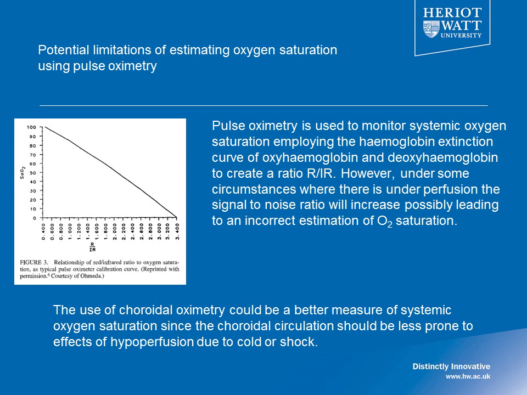So the next step here is maybe to have an experimental model in which it's possible to manipulate central venous pressure, and then look at the reflex from altering central venous pressure to see whether or not that affects choroidal oximetry, or to use temperature stress in which the periphery shuts down, but you shouldn't see any effect in terms of choroidal oximetry, whilst the pulse oximetry signal should actually decrease.